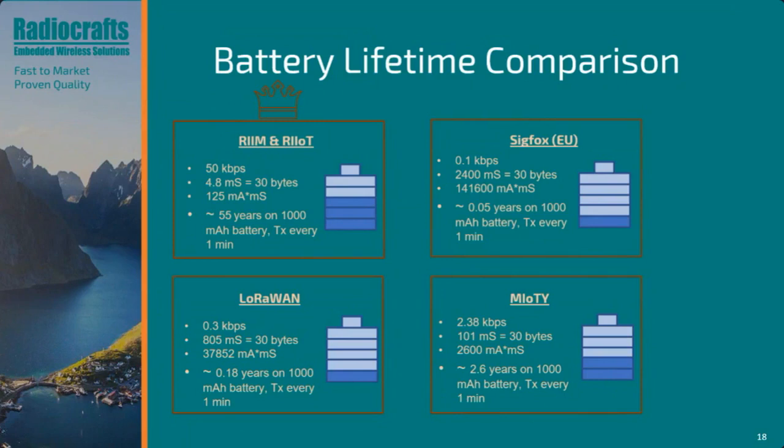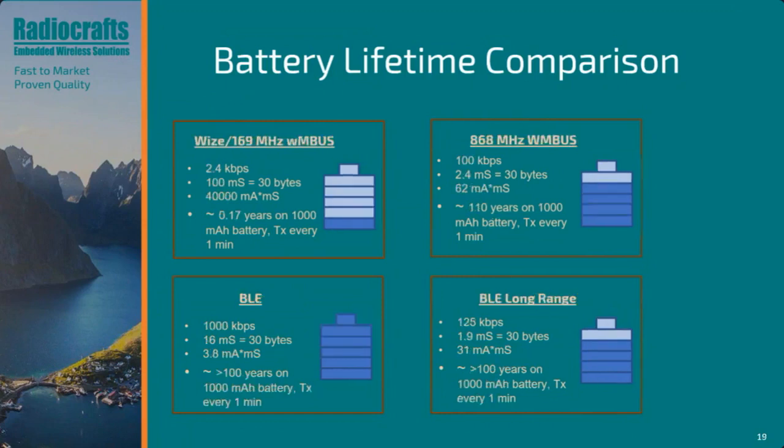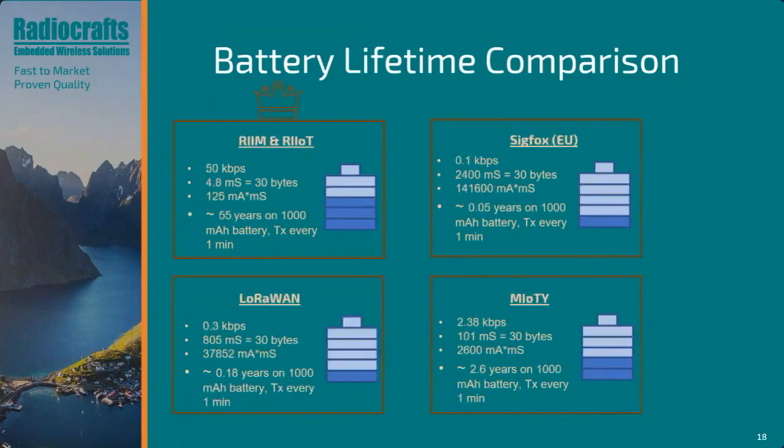MIOTY would give a little bit less than RIIM and RIIT. Maybe the most battery life would be achieved with BLE and BLE long range, since they have the highest data rates. But if we look at it from outside, we would see that RIIM and RIIT are kind of in the middle. They are balancing between data rate, sleep current, and packet size.